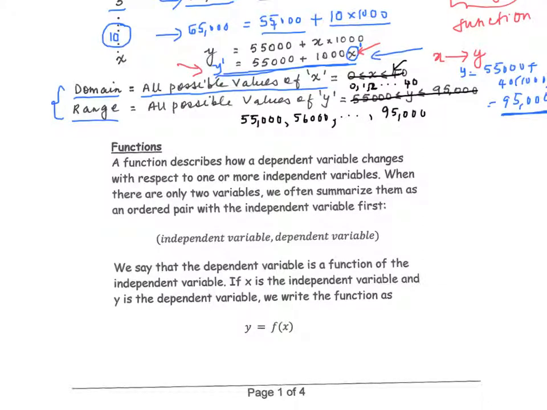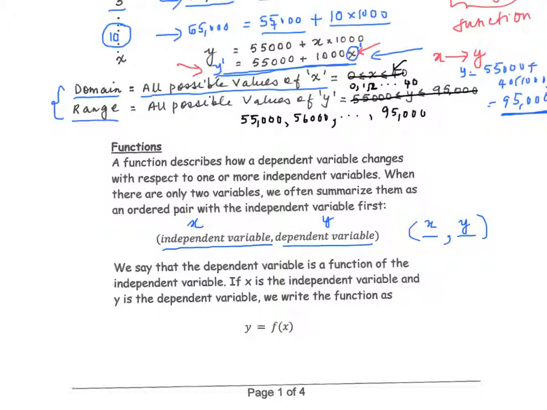So here is what a function is. It's the relationship between two variables, the independent variable, which we call x, and the dependent variable, which is called y. So this is called an ordered pair, where the first number represents x, the independent variable, and the second number represents y, the dependent variable.